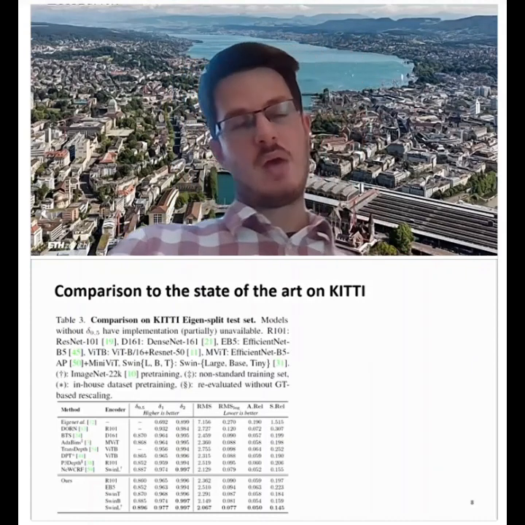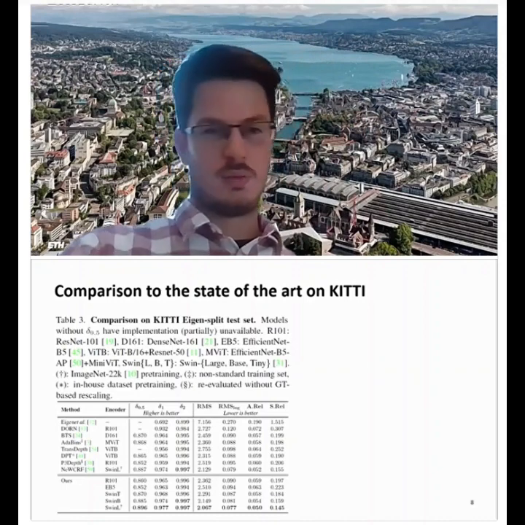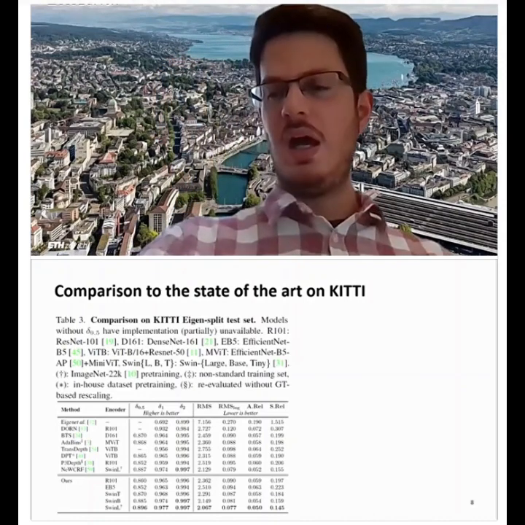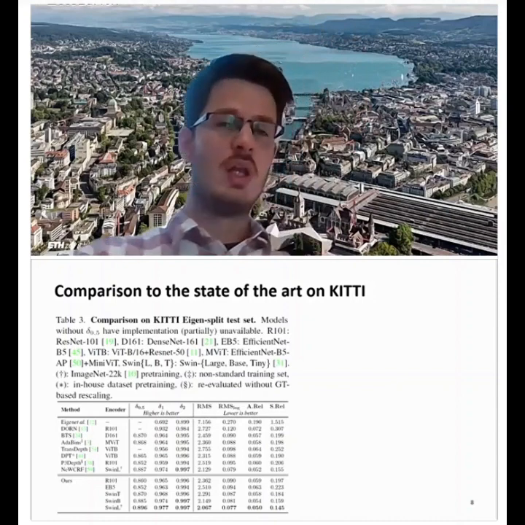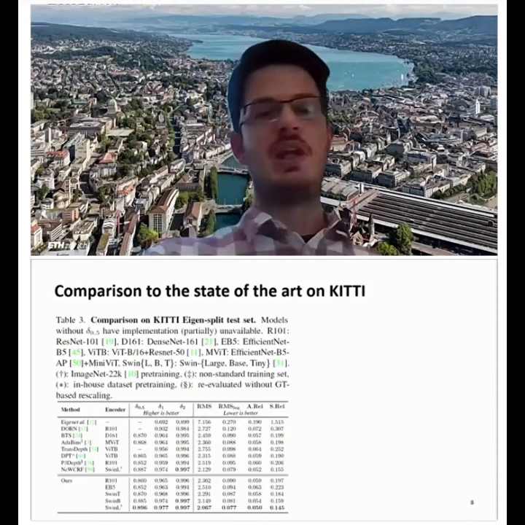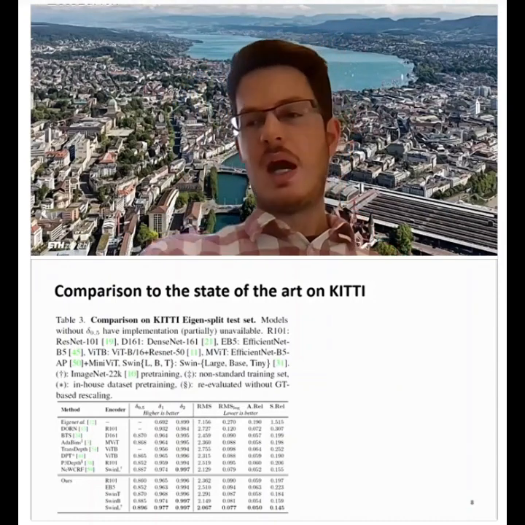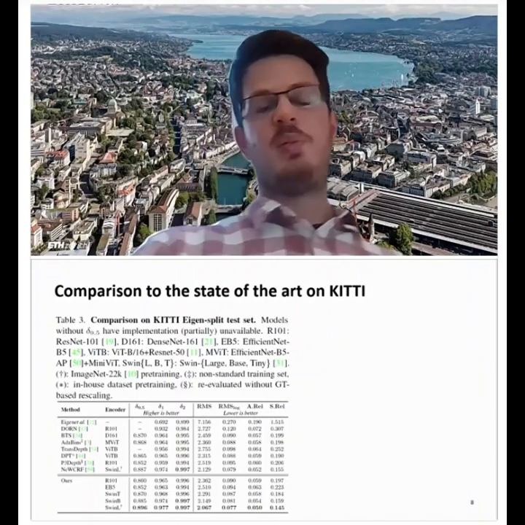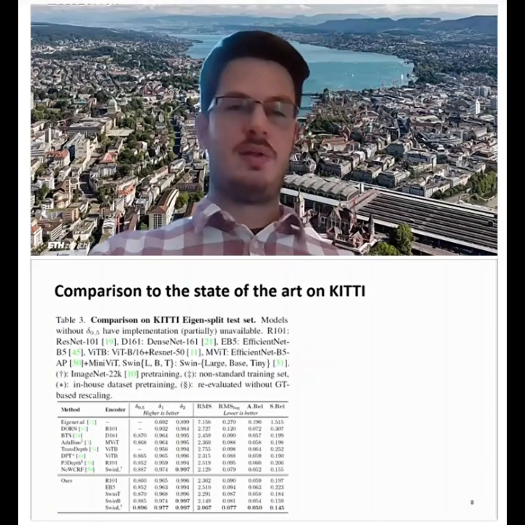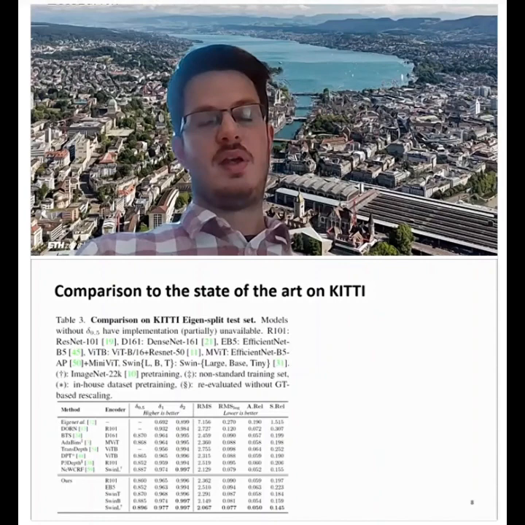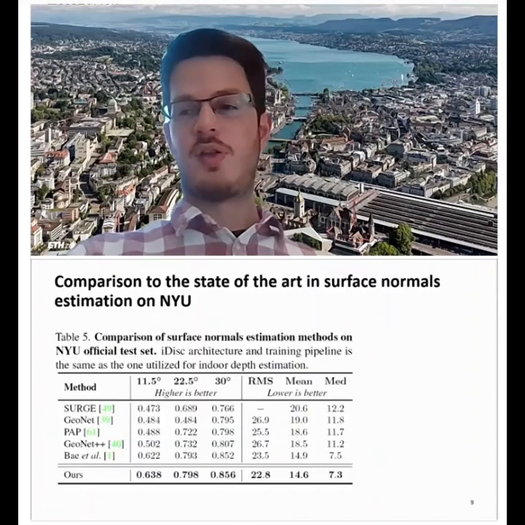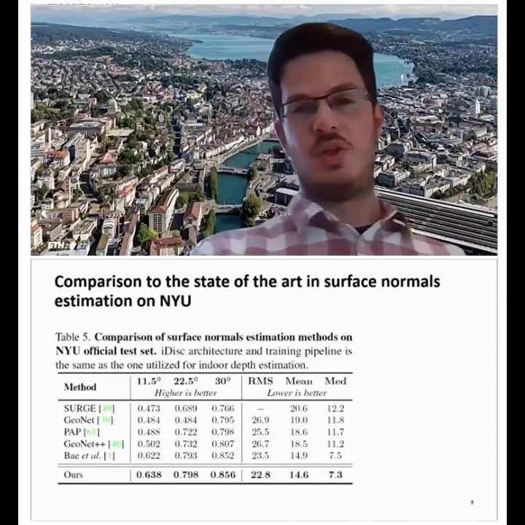I would like to note at this point that we have also submitted the results of our method to the official depth estimation KITTI benchmark, and we are among the top 2 published methods in the benchmark, and 4th overall, including unpublished methods.